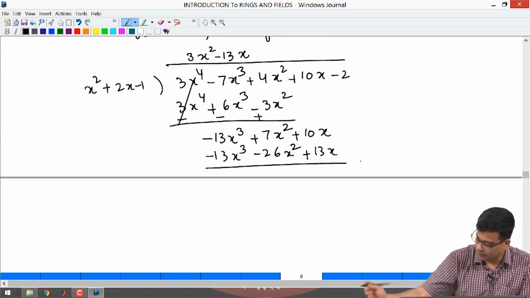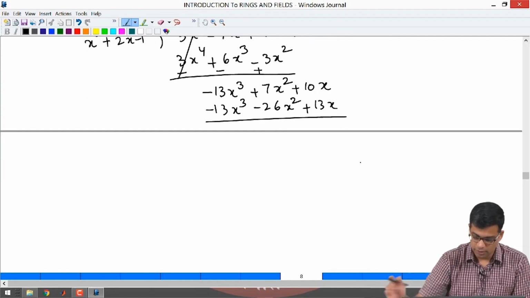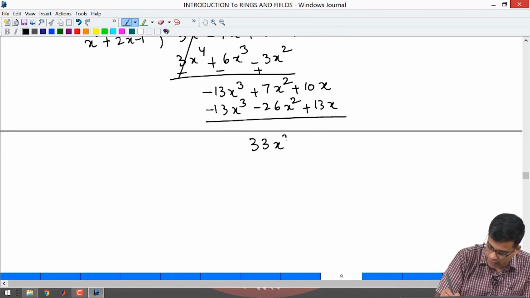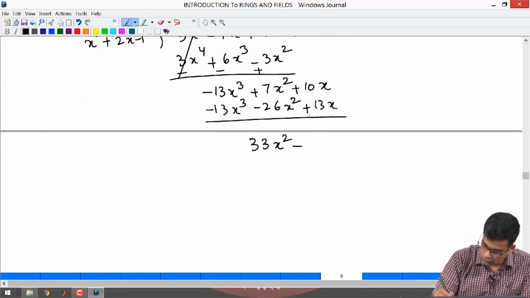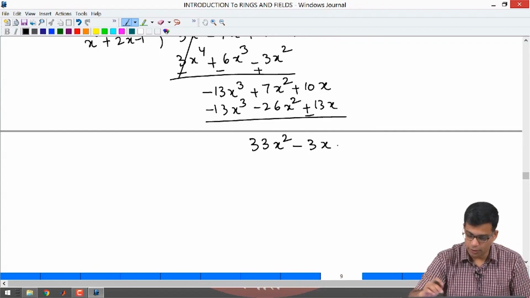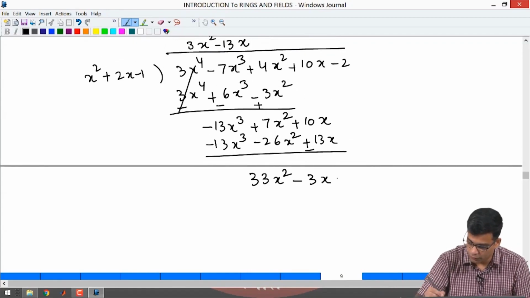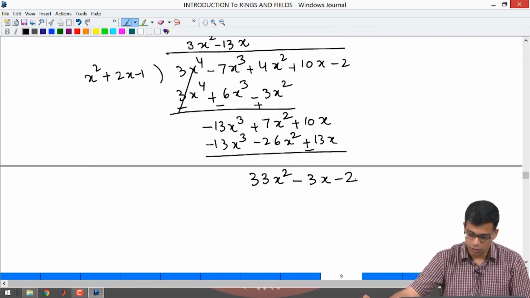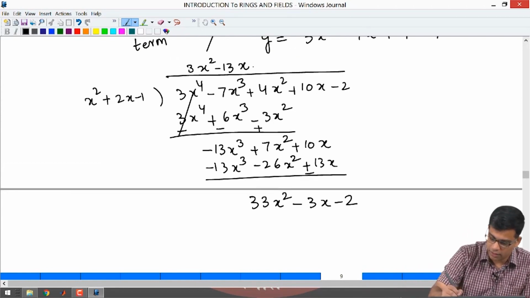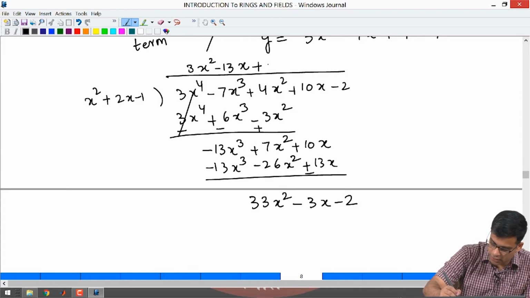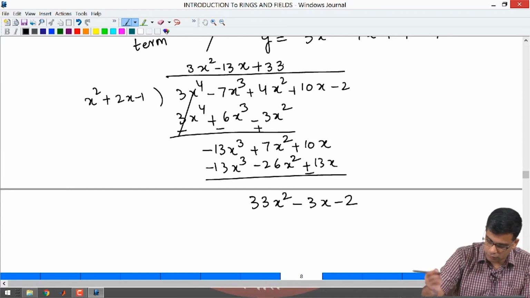Now you subtract again, and what you get is 33x squared minus 3x, and you have a minus 2 from before. So, you write minus 2. Now you want to cancel 33x squared. So, what you get is just 33.